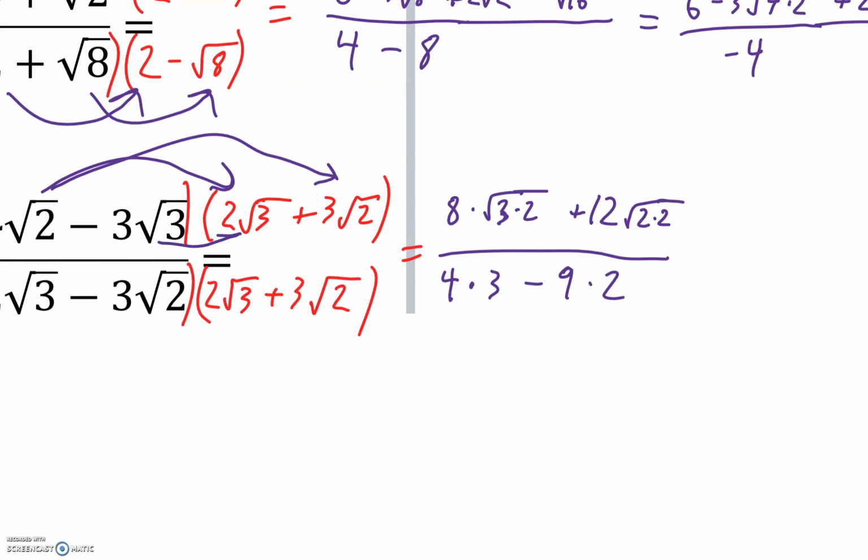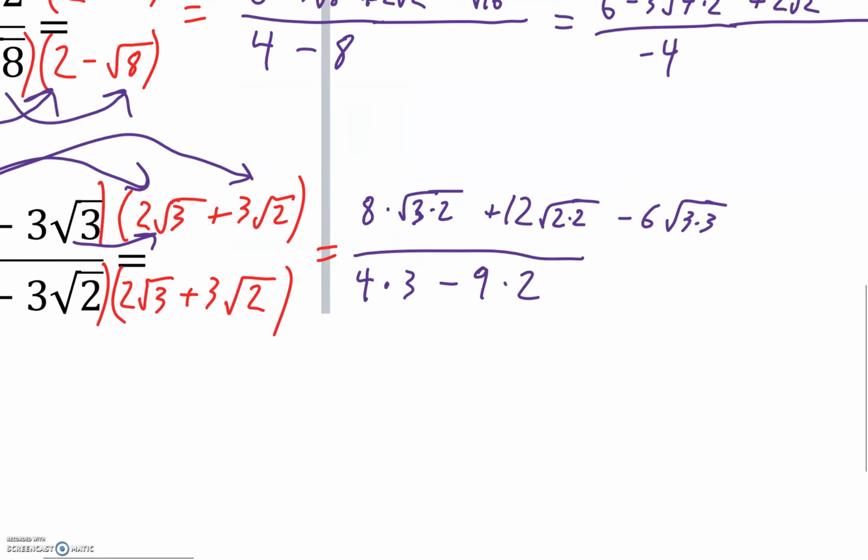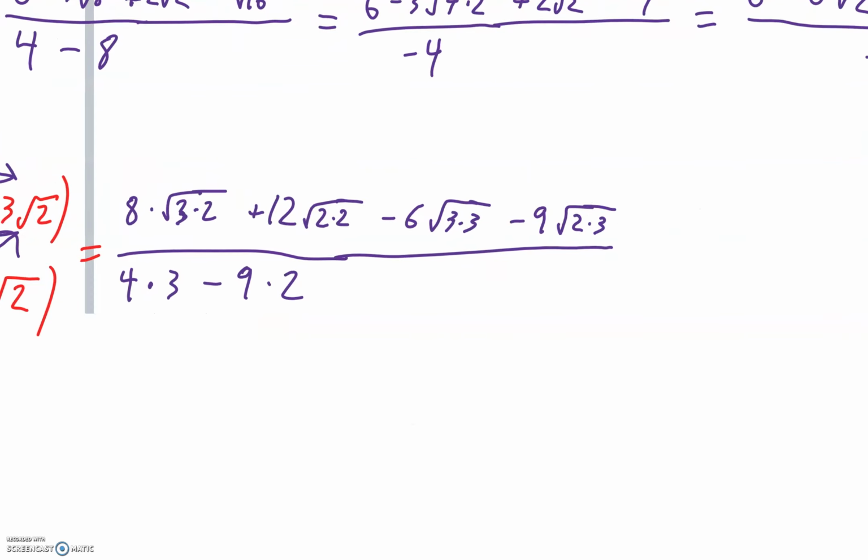Then let's try the next set, which is -6 root 3, root 3. Those are going to be nice and cancel each other out. And then finally, our last one, which is -9 root 2, root 3. And those are going to be nice because they're going to be similar terms to the 8 term.